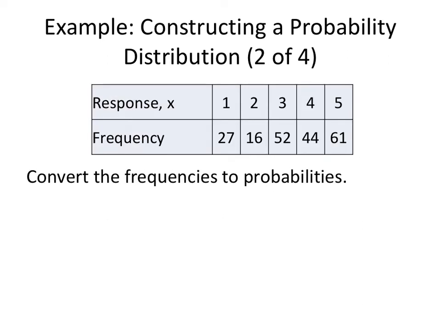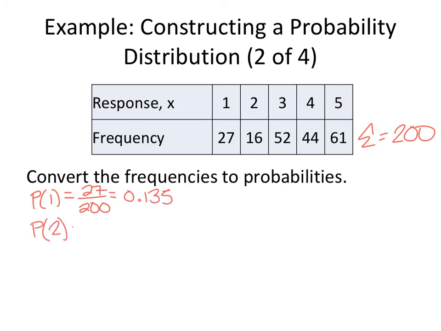We are going to first convert the frequencies to probabilities. So we have how many total surveys. So the sum here should be 200. And then you're going to convert these frequencies to probabilities. So the probability she got a 1 is 27 over 200, so 0.135. The probability of getting a 2, 16 out of 200, 0.08.